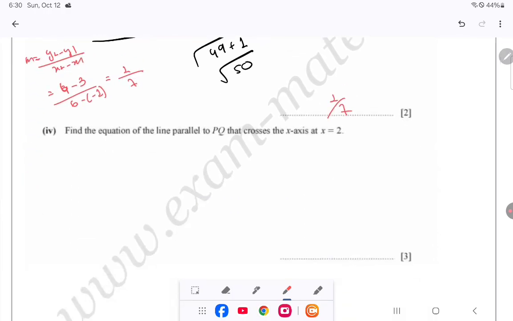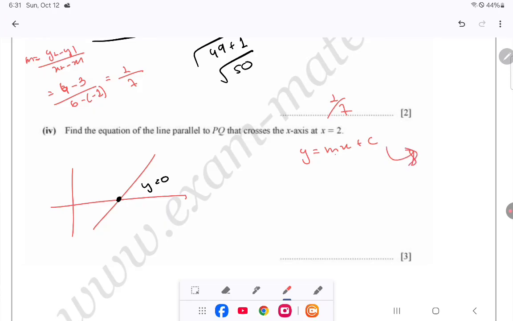Find the equation of the line parallel to PQ that crosses the x-axis at 2. Since they are talking about the intersection with the x-axis, from this point where the line intercepts X, Y will become 0. So in the equation, Y is equal to mx plus c, we have to calculate the value of c.